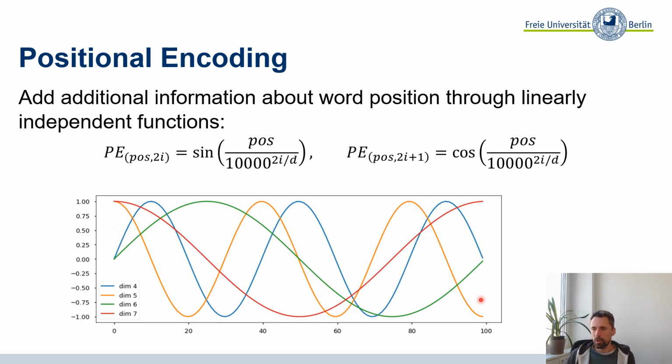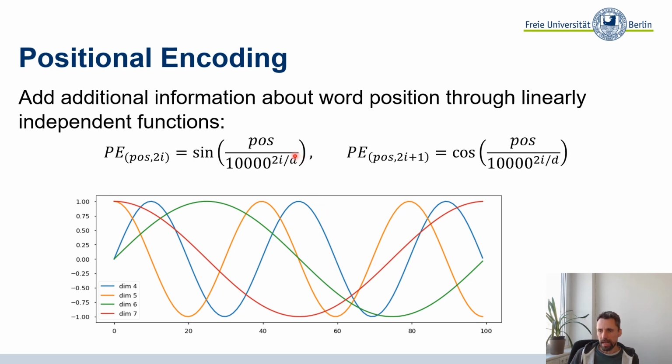So the values will be between 1 and -1. And the third and fourth positions now use a different frequency of these sine waves. So, for example, the green and the red curve here are the next positions.